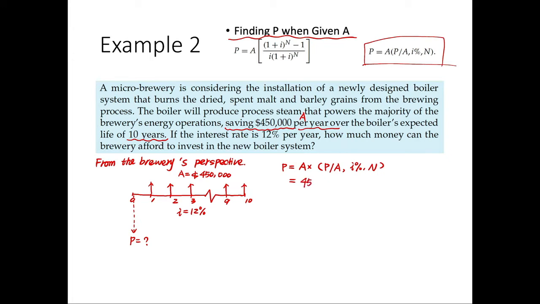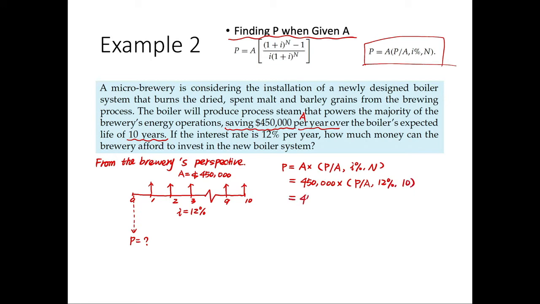A is 450,000, and you just use the values of I and N to substitute the letters. So I is 12%, N is 10.